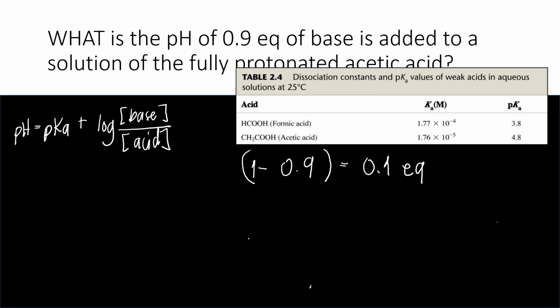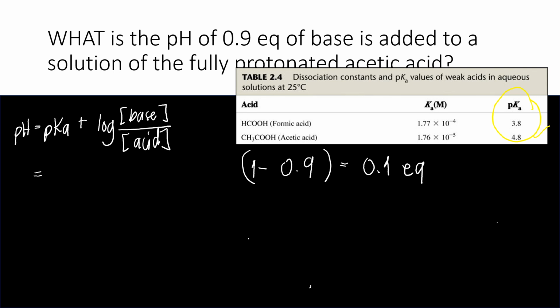And then we will need the value of pKa. For that, you will need this table here, or any table that you find on the net. So you have here the pKa for acetic acid, 4.8. We just plug in those values and see what value we get.